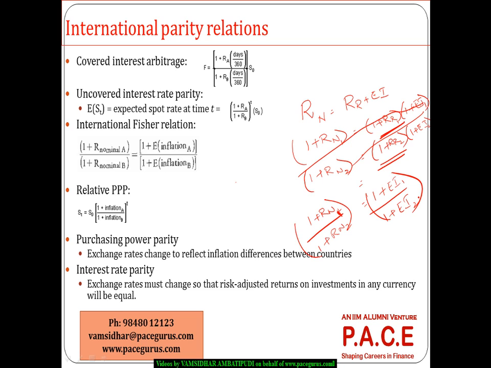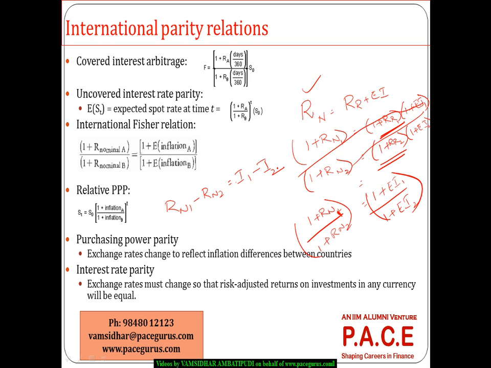Or probably again going on similar terms as this equation, I could say that the nominal interest rate of country 1 minus nominal interest rate of country 2 should be equal to the inflation expected in country 1 minus the inflation expected in country 2. So probably that is one more thing we are talking about.